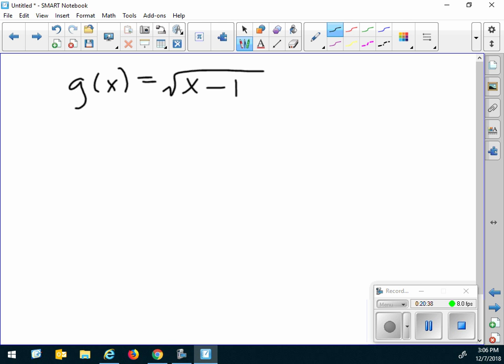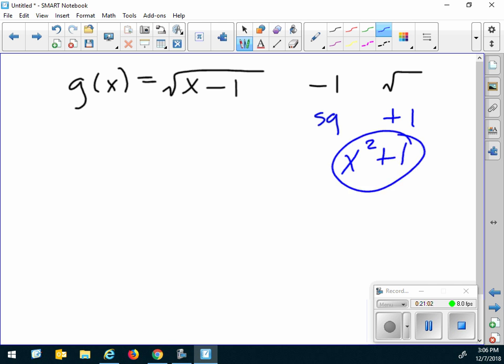Because it got square rooted too. Right. So this thing got minus 1 and then square rooted. How do we undo it? Square and plus 1. So let's talk about what we think the inverse is going to look like. We think that's what the inverse is going to look like.